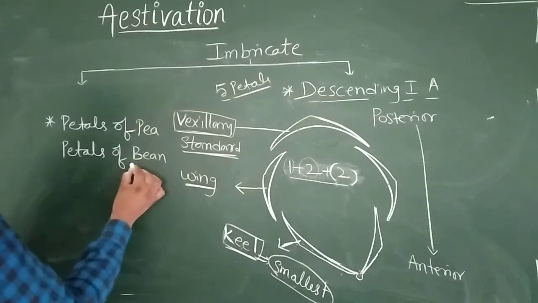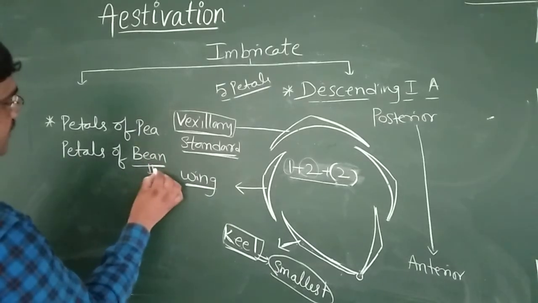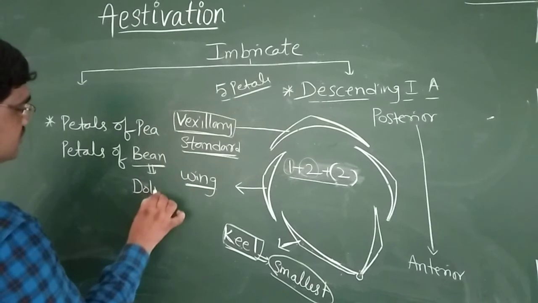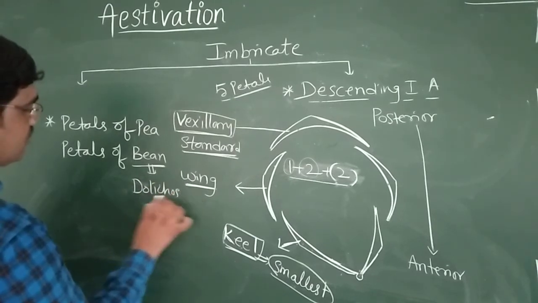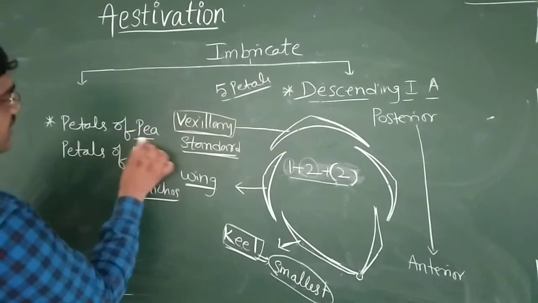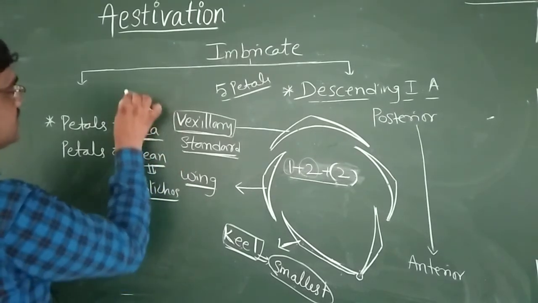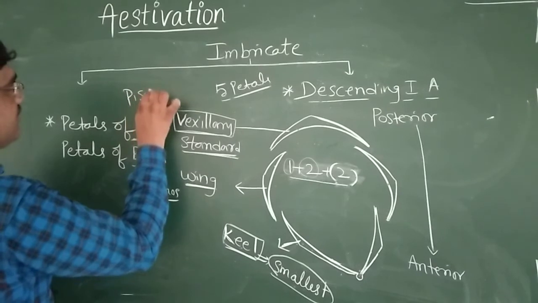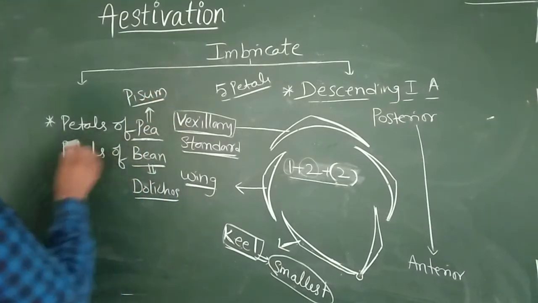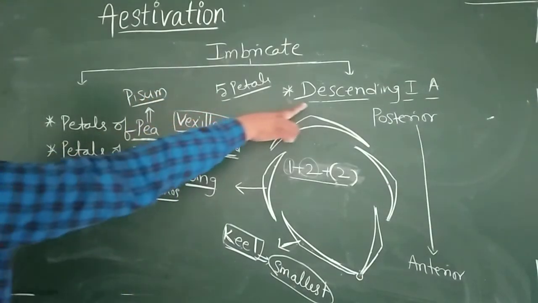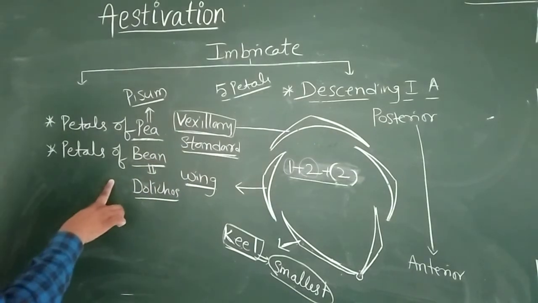Okay? What is the scientific name of bean? That is Dolichos. Next, what is the scientific name of the pea plant? That is Pisum. Okay? So these two are examples for descending imbricate aestivation.